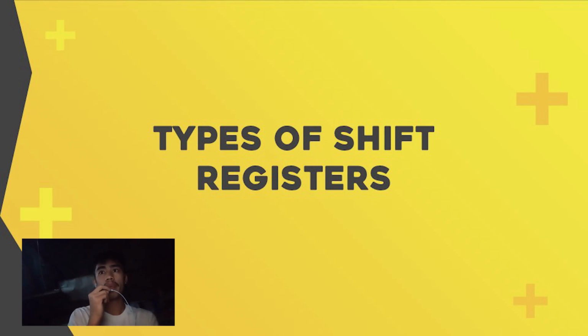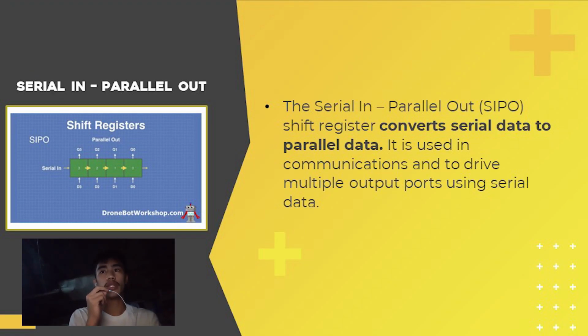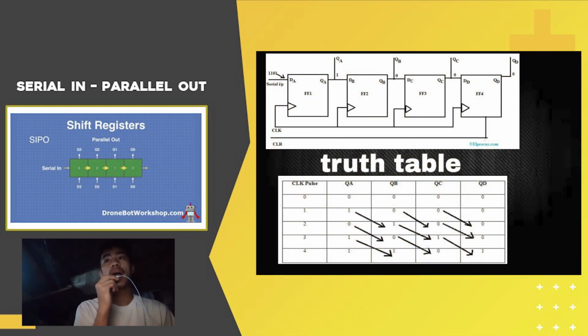Serial in, parallel out, or what we call SIPO. It converts serial data to parallel data. It is used in communication and to convert multiple input ports to serial data. So as we can see on our screen, the diagram. The first flip-flop output is QA.